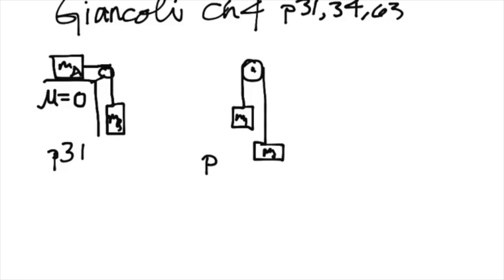That's problem 34, and this is actually Atwood's machine, after the Reverend George Atwood, who measured g effectively using this system. Well, no, I'm sort of simplifying problem 34. It's a little more complicated than this in the book.